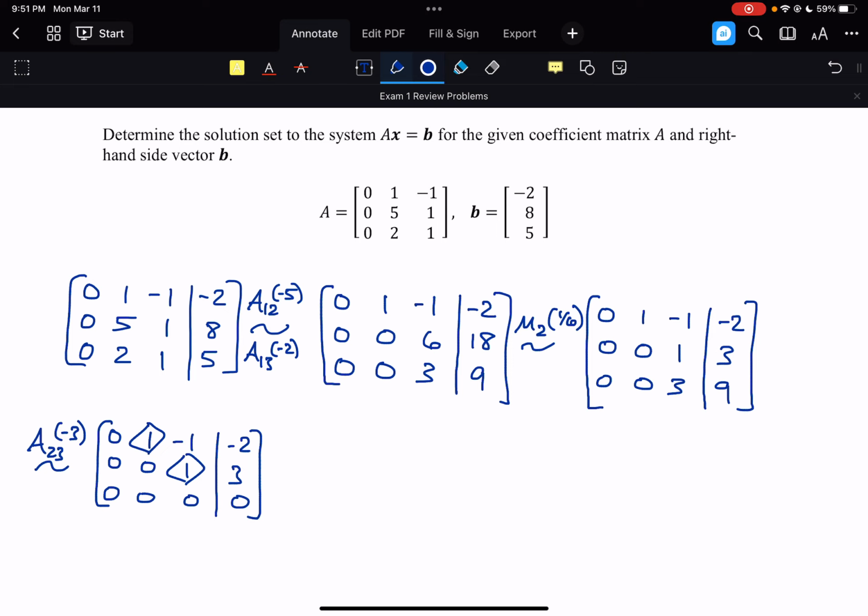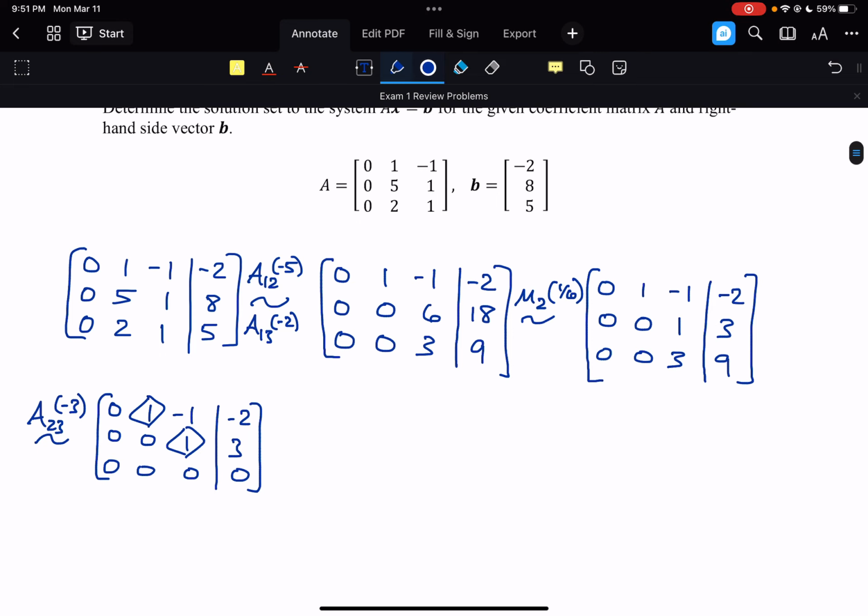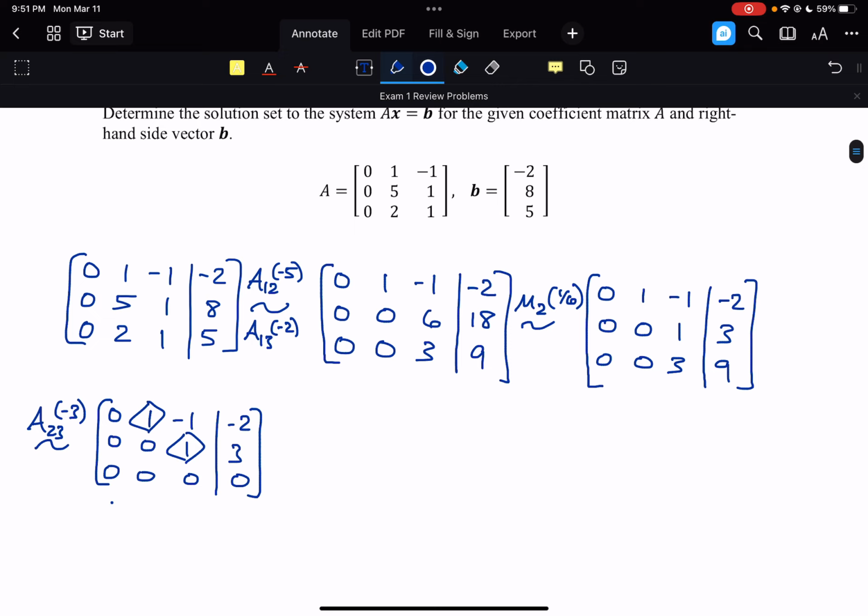The pivots correspond to leading variables. If each of these columns pertains to a variable, say x, y, and z, the columns with the pivots have the leading variables, which means that we can get specific values. So this equation right here is telling us that z equals 3, and that's our solution for z.